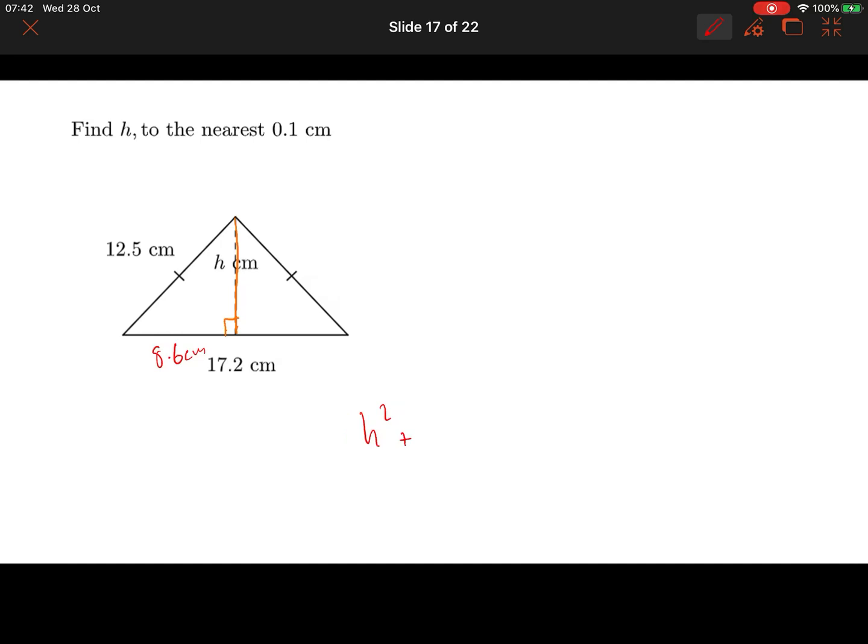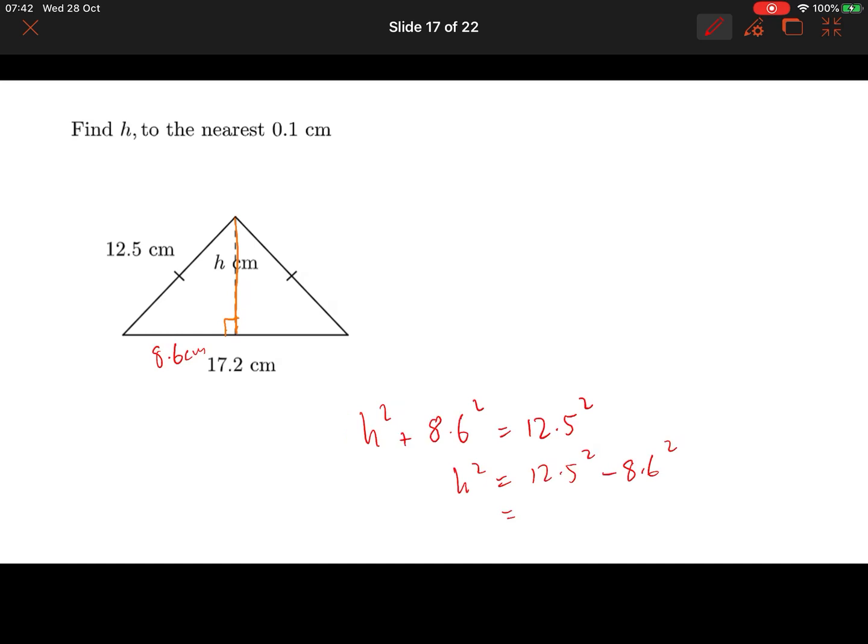So the height squared plus the base squared is equal to 12.5 squared, the hypotenuse length. So h squared is equal to 12.5 squared minus 8.6 squared.